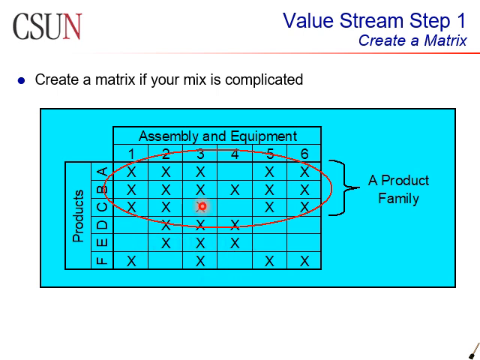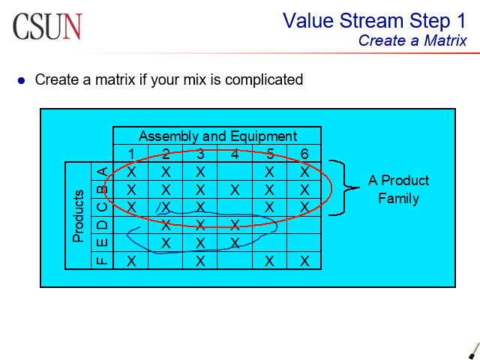So from the current situation, this is what actually happens in real life, we can say that we can mix D and E as one family. Because as you can see here, all the products within E and D have to visit departments 2, 3, and 4.